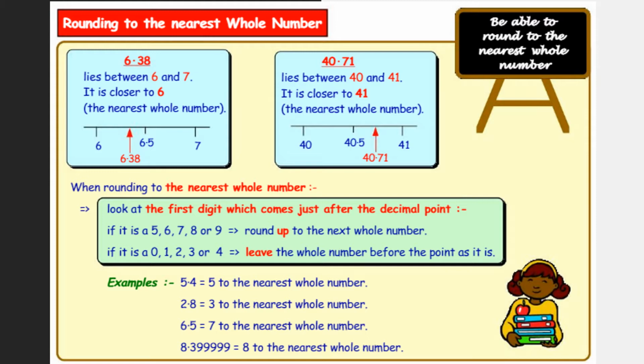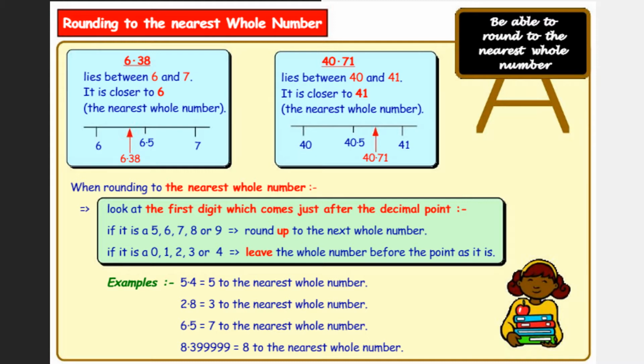Now, something that can be confusing is the fact that it ends in an 8, and you would round up the 8. But actually, if we're rounding up the 8, that would just make it 6.40. And that's not the whole number. And 4 is a number that we would still round down. So the answer is 6.